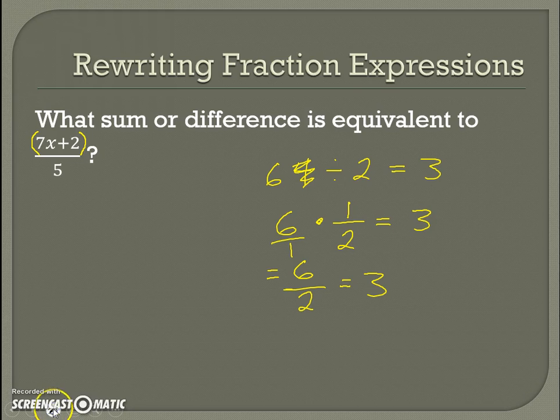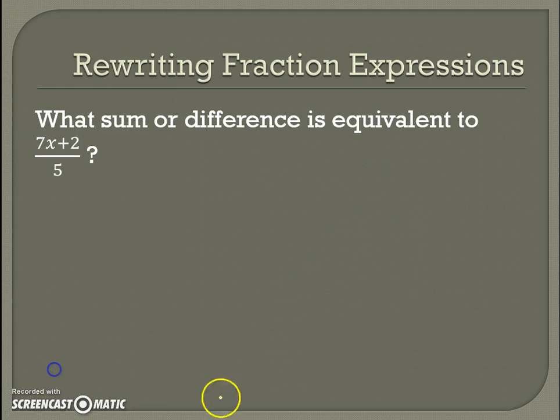So how does that apply to this particular problem? Well, if I come over here and I look at this, I'm dividing by 5. So this is going to be the same thing as distributing a 1/5. It's the same thing as multiplying by 1/5. All right, so this is equal to this, and then I distribute.